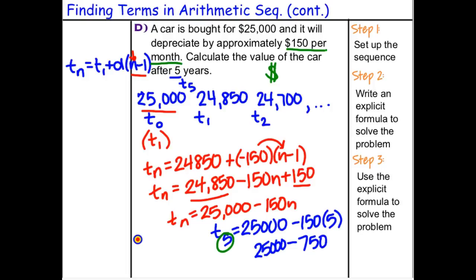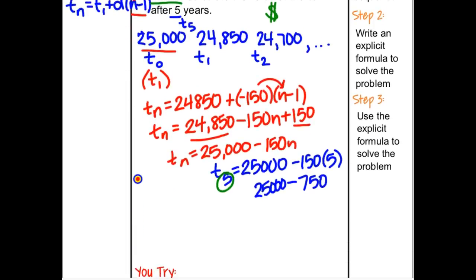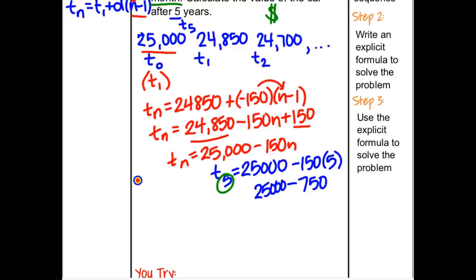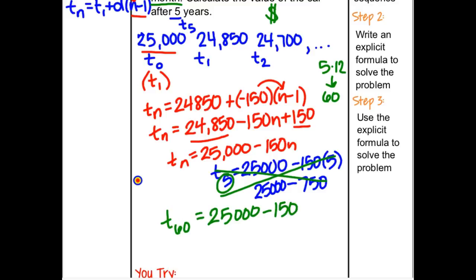No, it's not. In terms of 5 years, that means we have 5 times 12, because there are 12 months, so it's going to depreciate 12 times each year. So that is 60. So we're actually going to cross this off, and we're going to find term 60, which is going to be 25,000 minus 150 times 60. 150 times 6 is 300, 600, 900, add another 0.